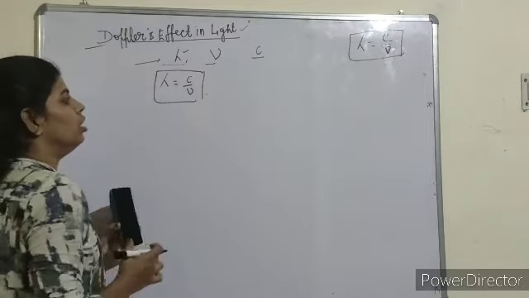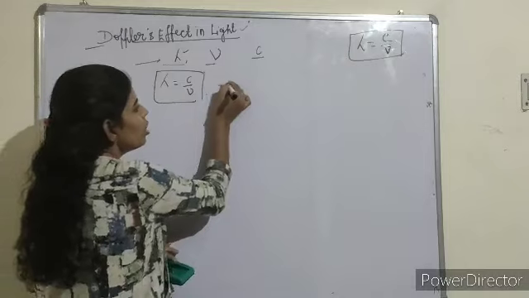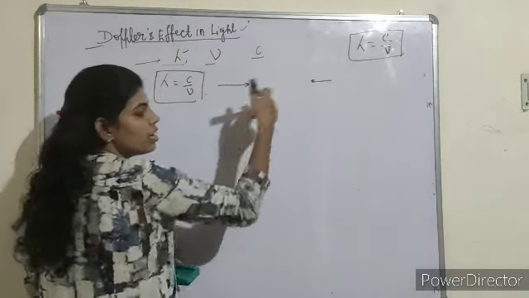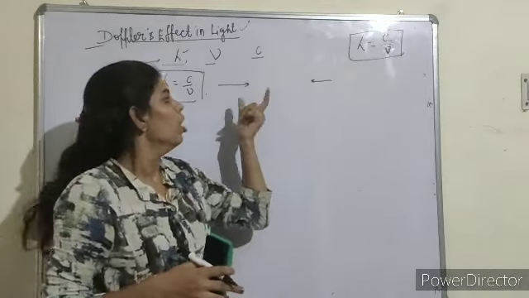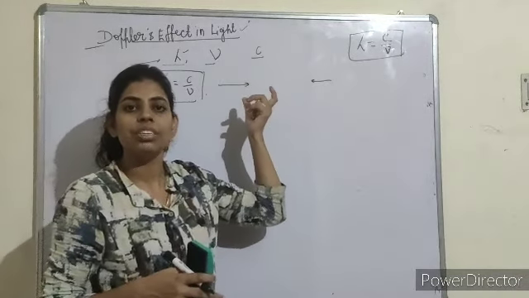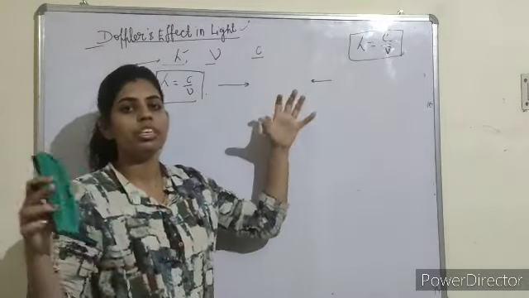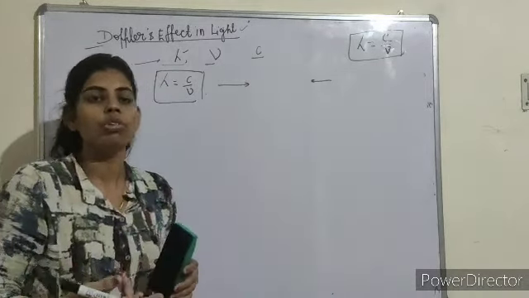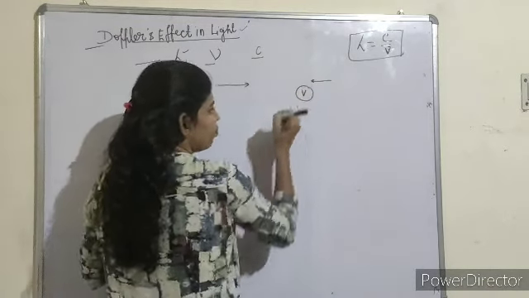Now suppose the source and the observer are approaching towards each other along the propagation of light waves, and the source and the observer come close by a distance v.